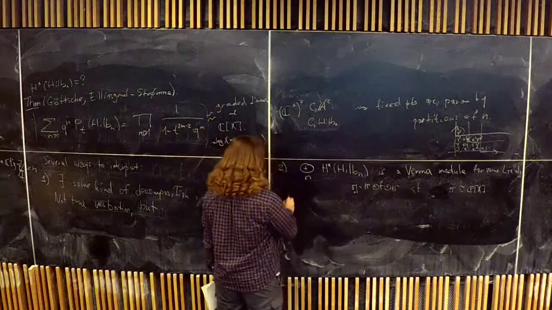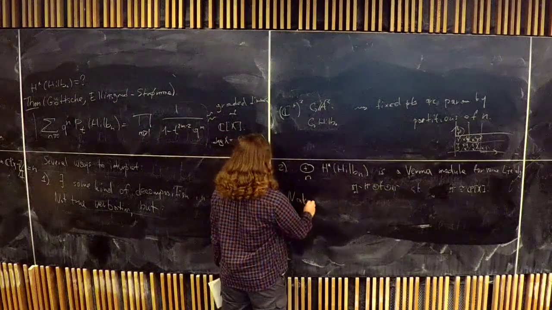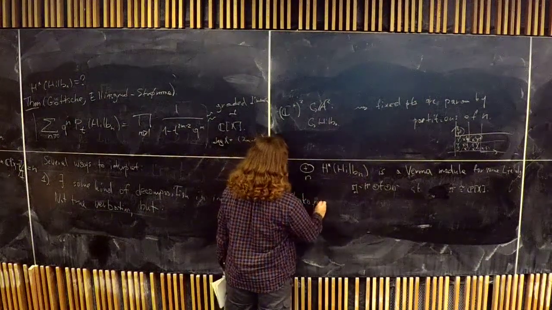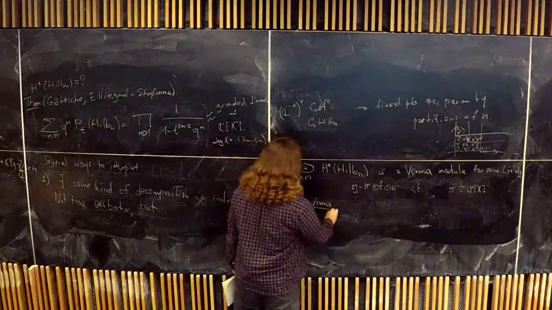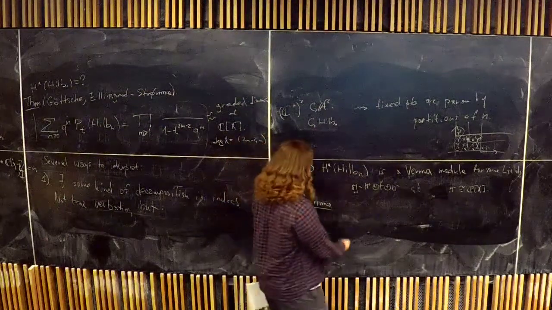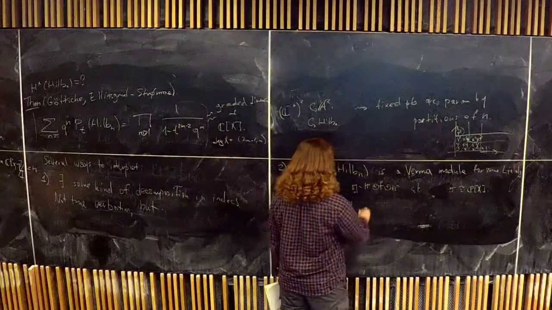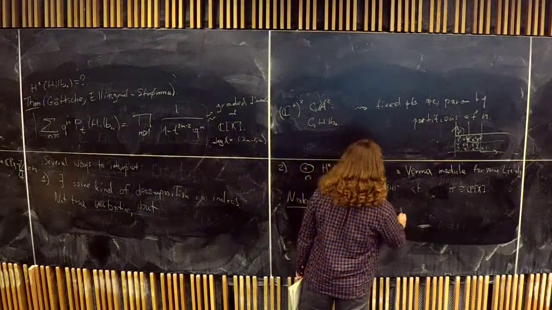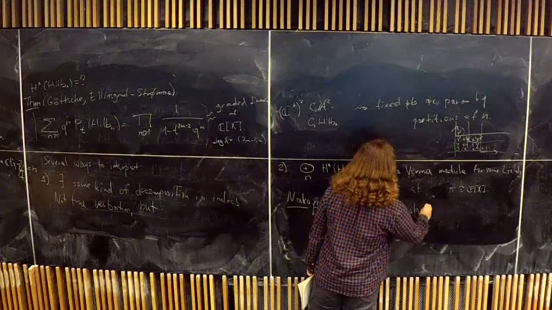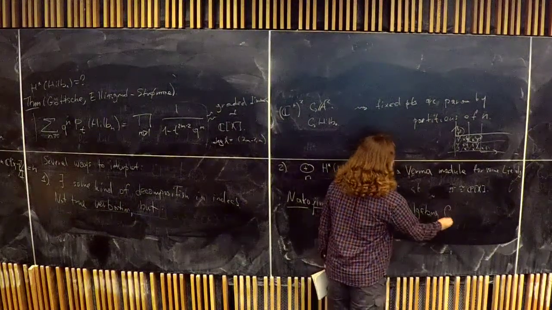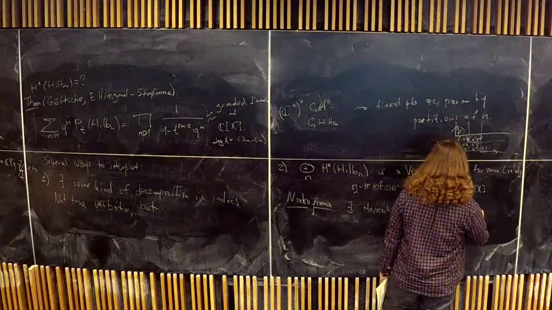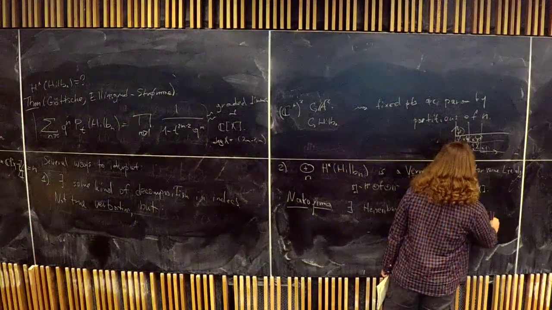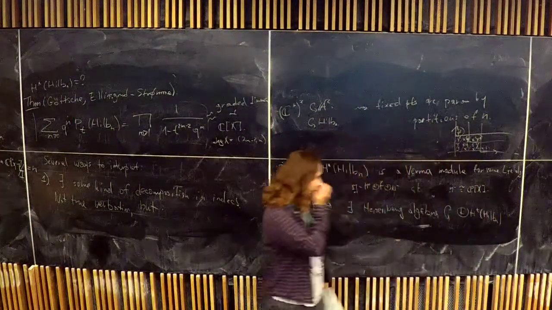So this is a theorem of Nakajima from the 90s, which tells you that there is actually an action of the Heisenberg algebra on the cohomology of the Hilbert schemes.